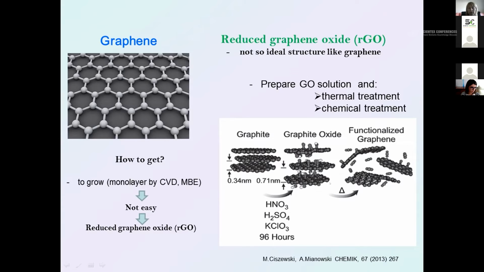After that, we can reduce the size of graphite oxide and we will have graphene oxide. And after chemical or thermal treatment, we can obtain reduced graphene oxide. So it's easy to prepare in the laboratory, and if you look in the literature, the main part of research was done on reduced graphene oxide solution.